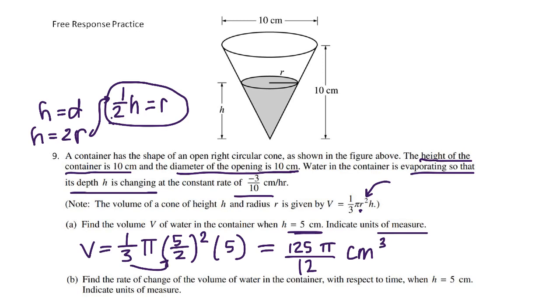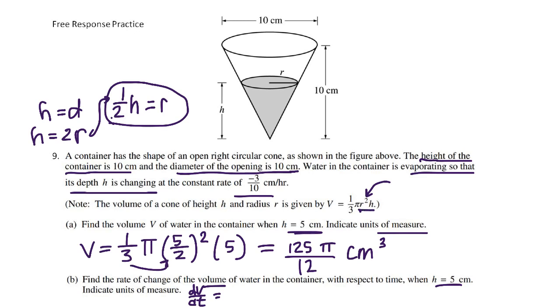Okay, so now part B wants us to find the rate of change of the volume of water in the container with respect to time when the height is 5. And so again, notice we have our volume problem, and we're looking for the rate of change of the volume. So I'm looking for a dV dt. And notice our formula.